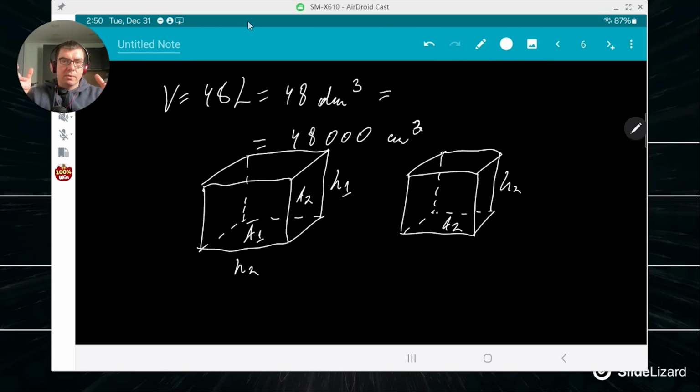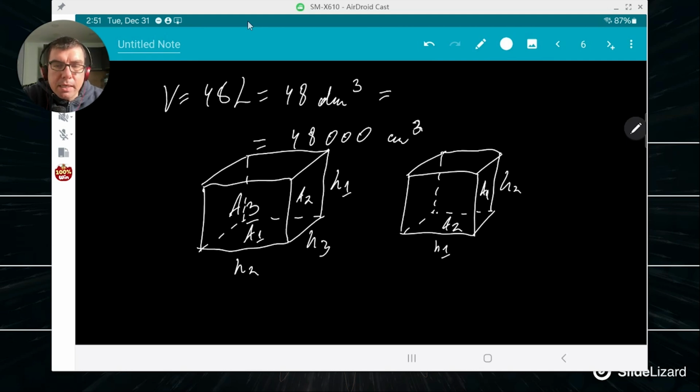It's just rotated, okay? And then this is going to be here A1 and this is going to be H1. And in the third situation, if I rotate it to the face that is in front of me, flip it like that, this here will be A3 and this will be H3, okay?